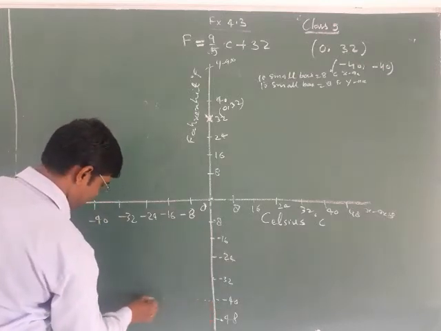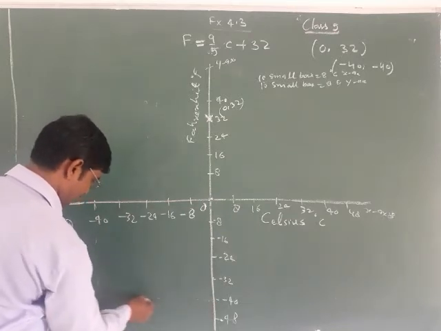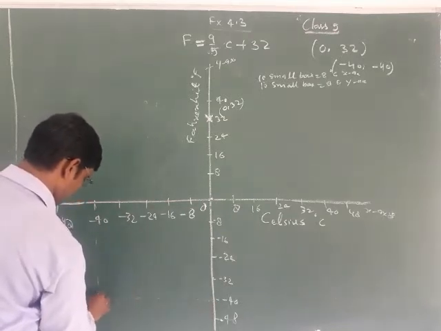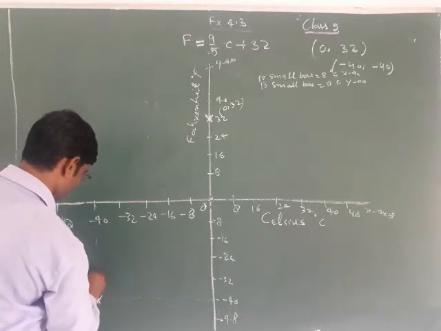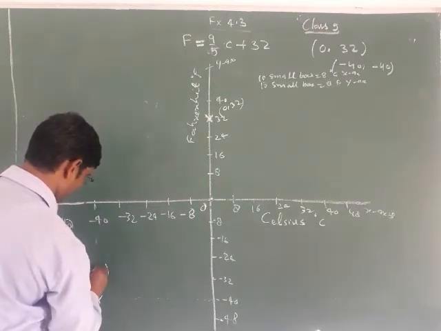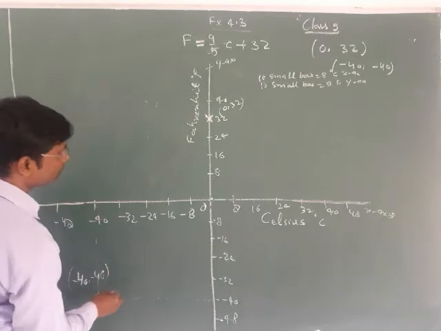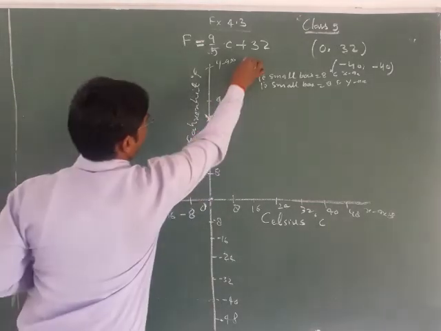So this is downwards, and this intersects at minus 40 and minus 40. So now draw a straight line with the help of a scale.